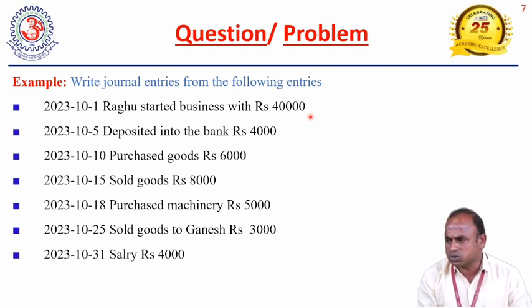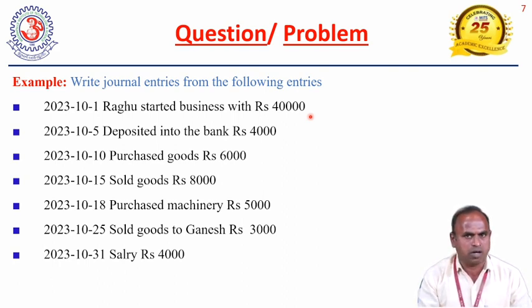So Raghu started business with rupees 40,000. In this transaction, Raghu is the owner or proprietor. So Raghu is one aspect, and the cash of 40,000 is another aspect. Then under which account does Raghu come? You identify. Under which account does the cash come? The cash is a current asset, so it is a real account.